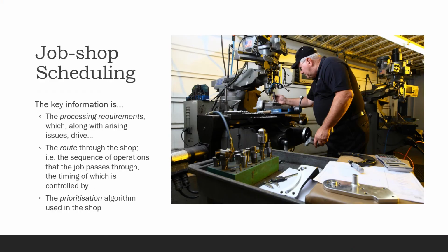In order to schedule the work of the job shop, three important pieces of information are necessary. First, the processing requirements, the route through the shop, and the prioritization algorithm that will be used at each step.